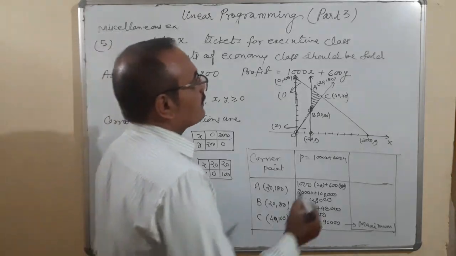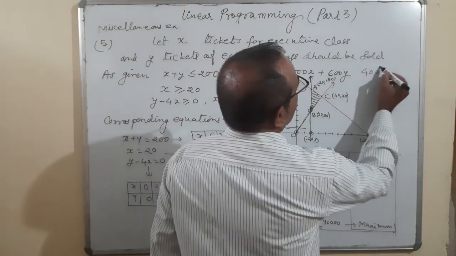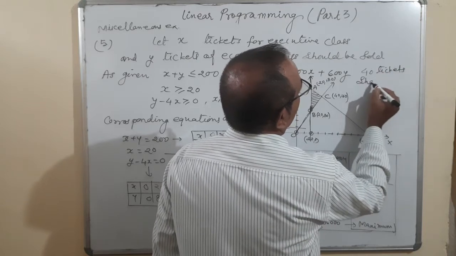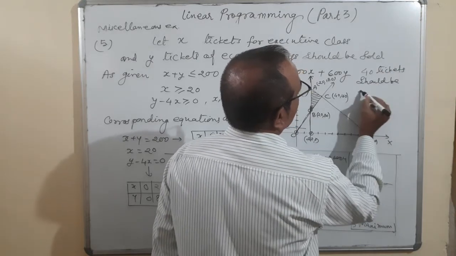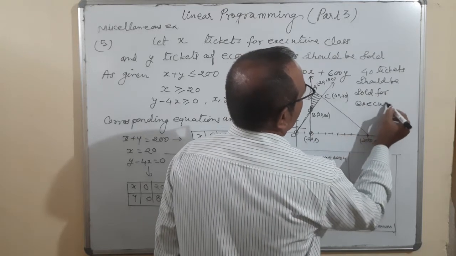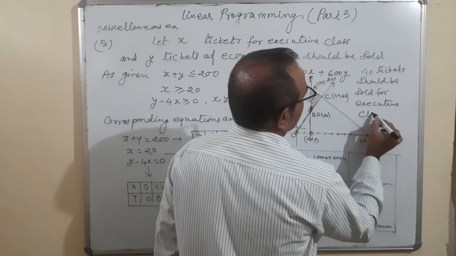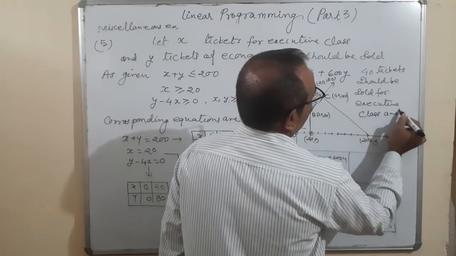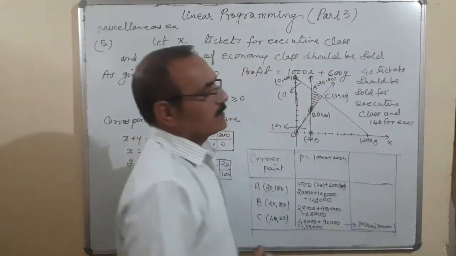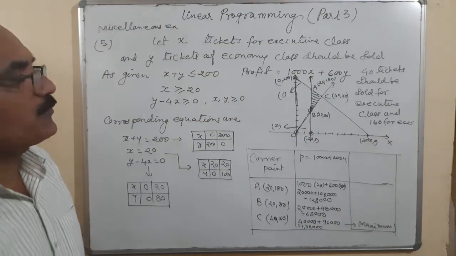Okay, 40 tickets should be sold for executive class and 160 for economy class for getting maximum profit.